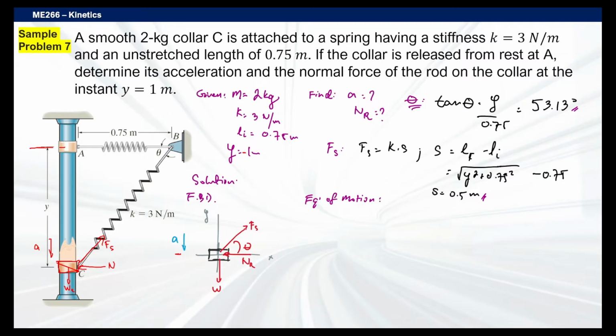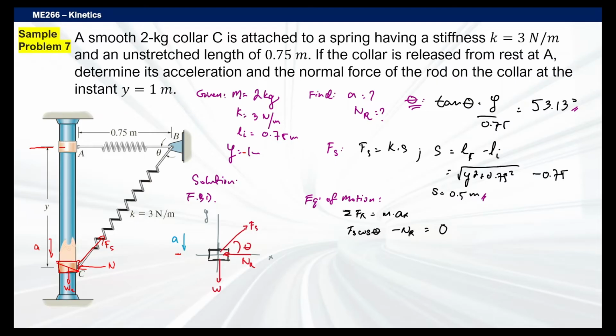And then we can now establish our equations of motion. In this particular case, we can start with the horizontal one. So we have the summation of F_x equals m times a_x. Luckily, in this particular scenario, there is no acceleration horizontally, only vertical. So our a_x here is technically 0.